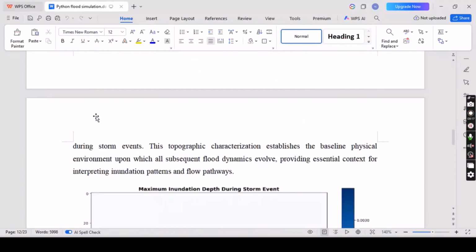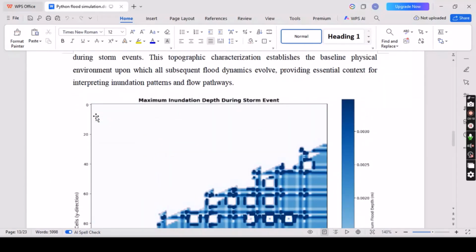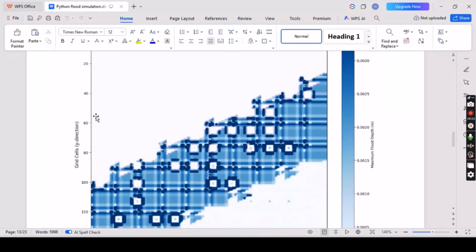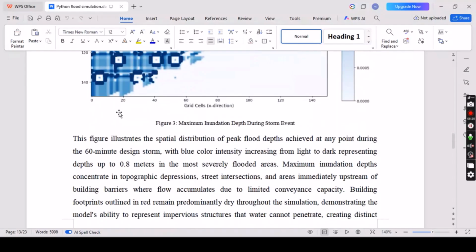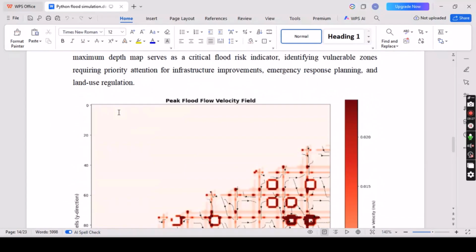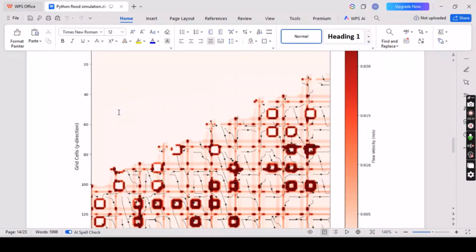Next, we have identified the maximum inundation depth during the storm events, showing how the water will flow at these times. Then we have added the peak flood flow velocity field, showing the velocity levels.